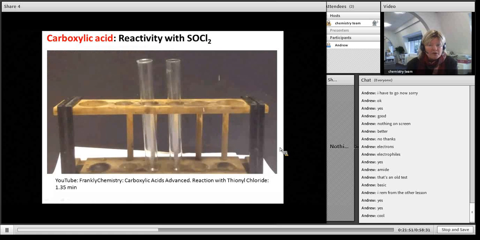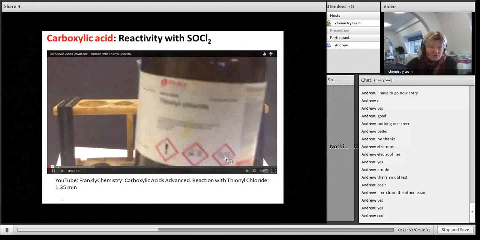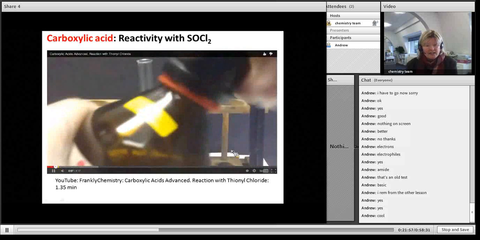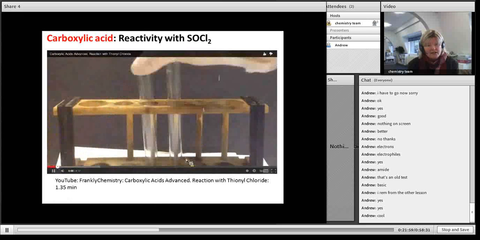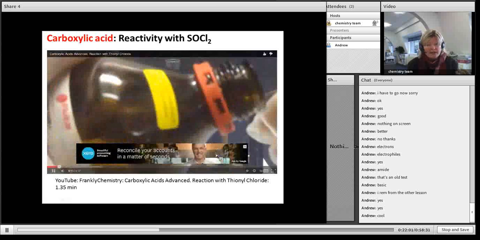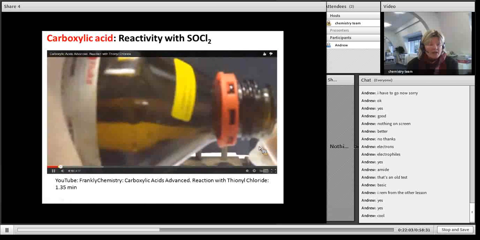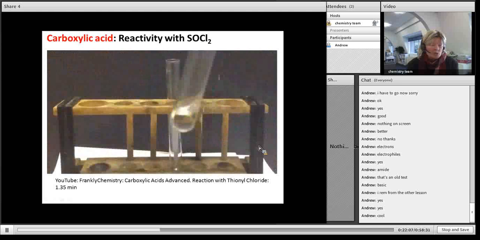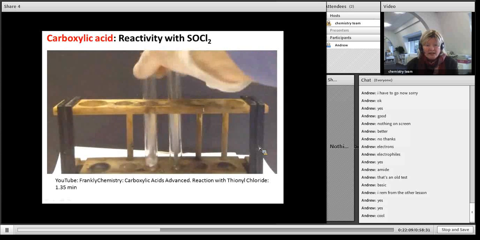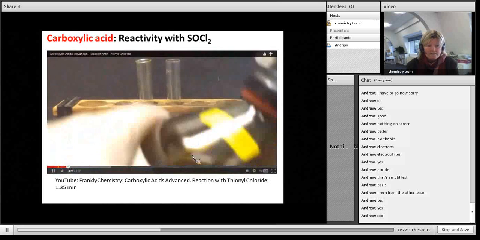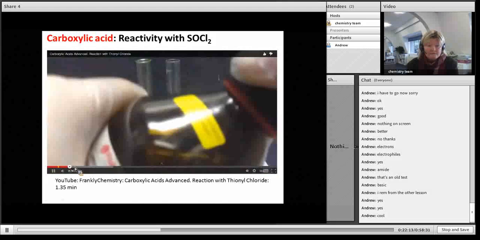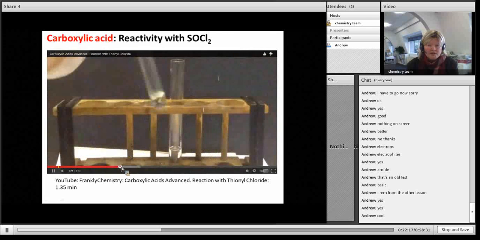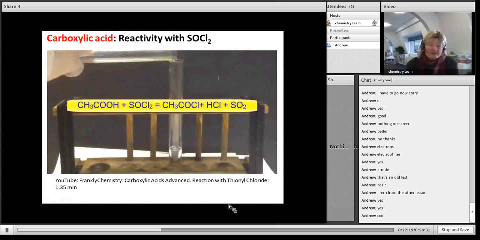This is one we've really shown, but you can see the thionyl chloride there, and it's really just reacting it now, not with an acyl chloride as we did last time. Now we're reacting it with concentrated ethanoic acid, so it's called glacial acetic acid. And if I just move it on, okay, there they're adding it, and you can see it takes a bit of time.